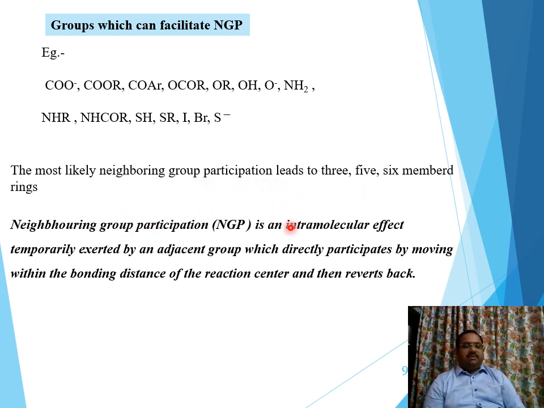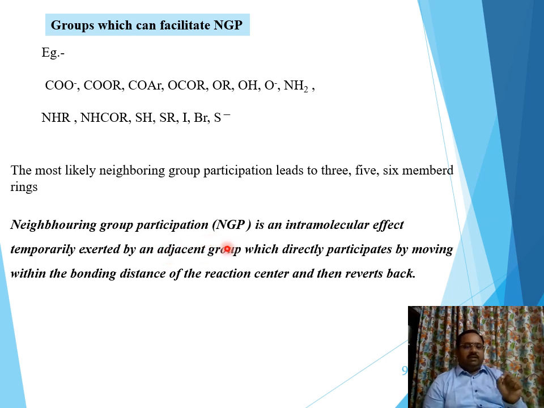Again I am repeating, NGP is an intramolecular effect that is temporary, the temporary effect of the internal nucleophile. That internal nucleophile just assists the reaction and speeds it up, so that even a weak nucleophile can lead to the product.